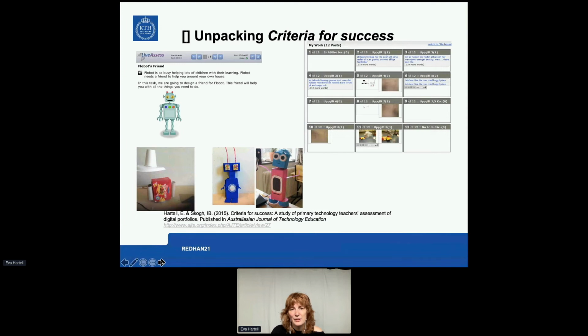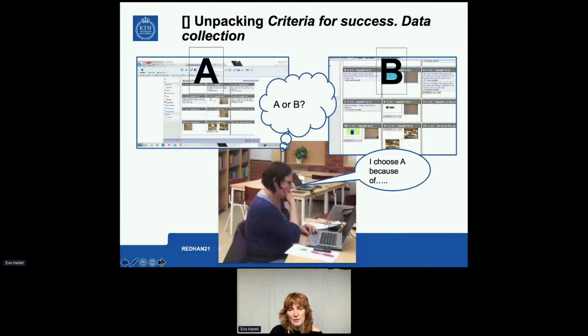And then the teachers, there were 5 teachers, and here is one of the teachers. She is conducting comparative judgment on the student portfolio. So she was presented with a pair of two portfolios at a time, and then she chose one portfolio as better. And then she also provided a comment why she was choosing this one as better.